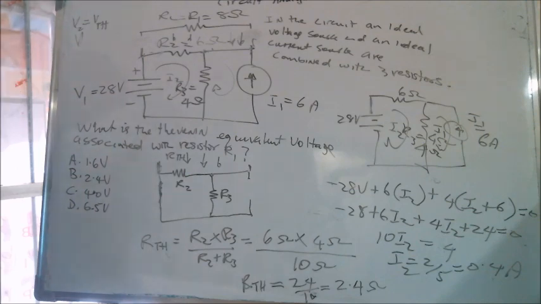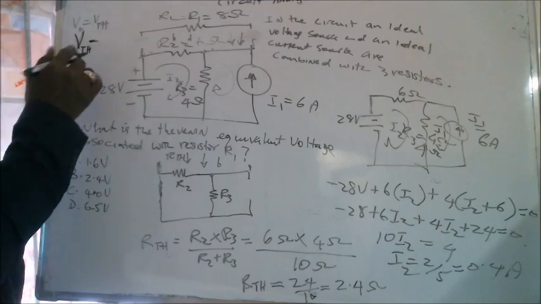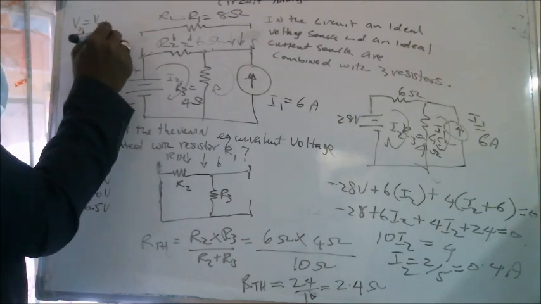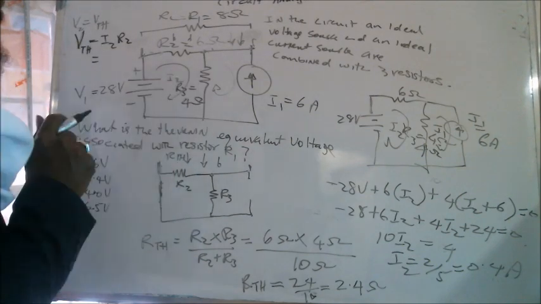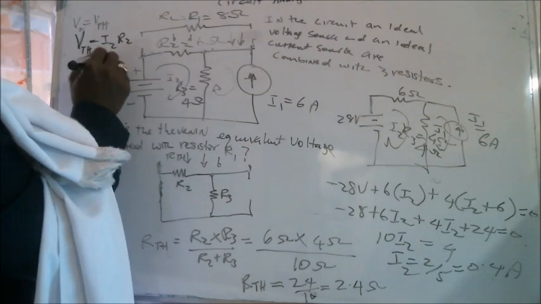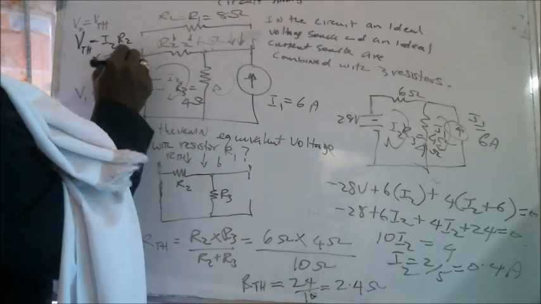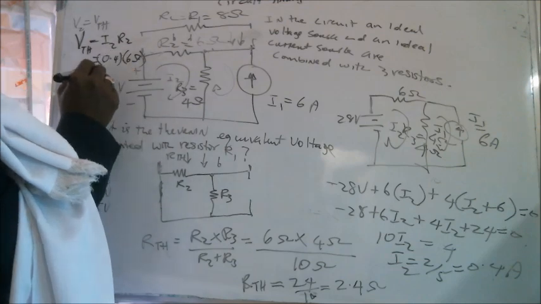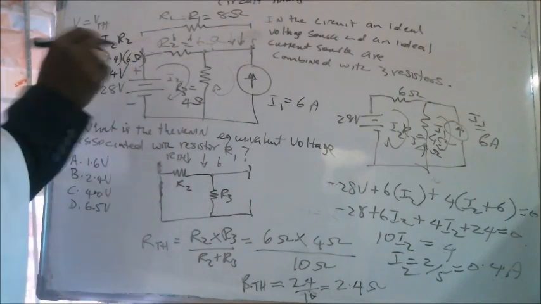So Vthev is equal to what? I2 times R2. I2 is 0.4 amps times R2, which is 6 ohms. 0.4 times 6 is 2.4 volts. So Vthev is equal to 2.4 volts.